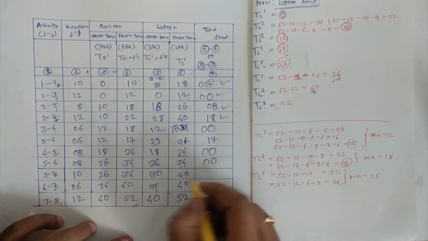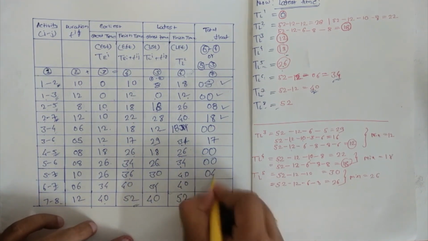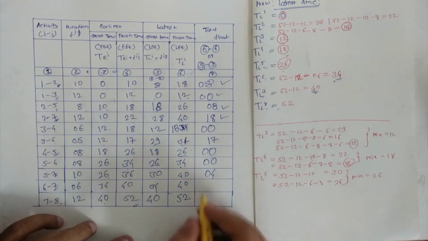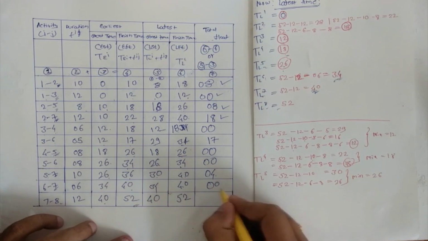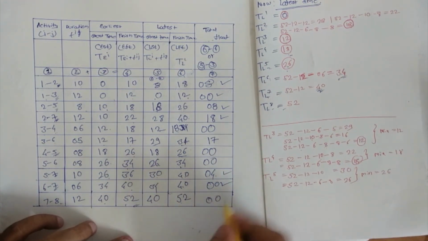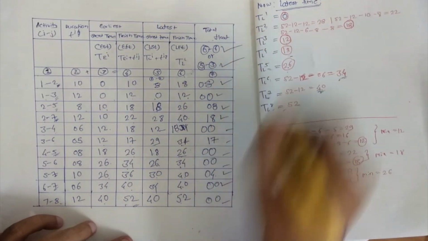Then 40 minus 36, it is 4, and 30 minus 26 is 4. Again it is 0, it is checked, and that is all we have verified, and it is satisfying both the equations.